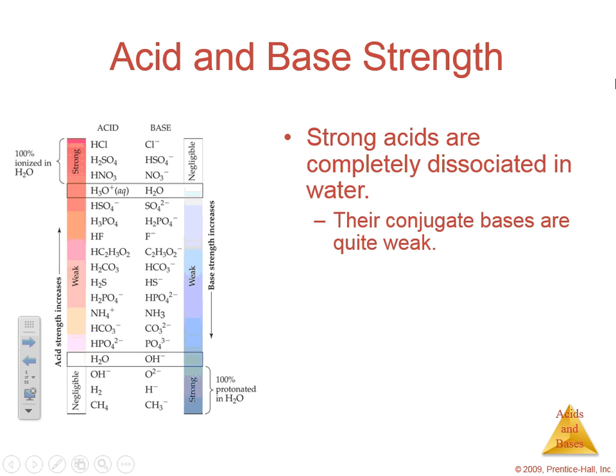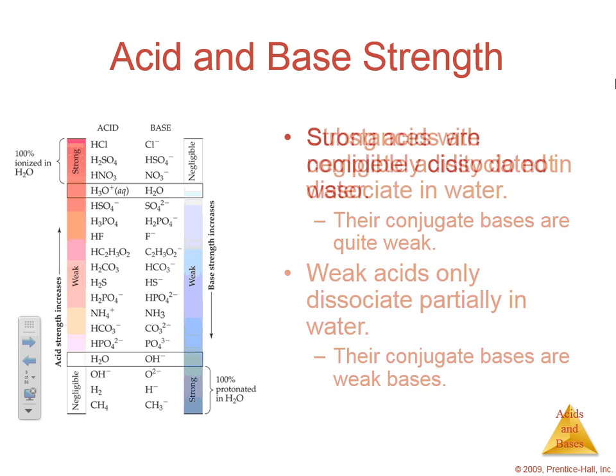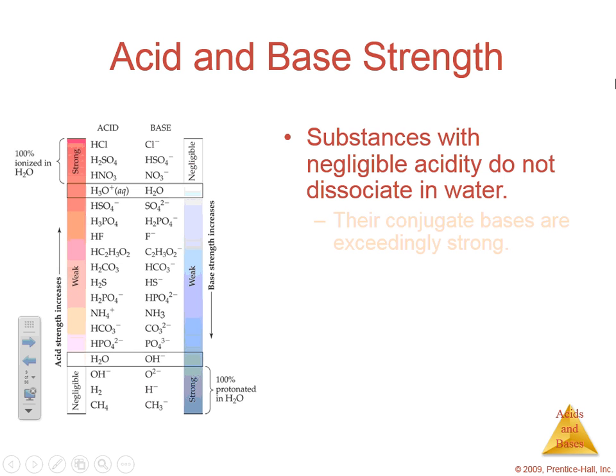Strong acids completely dissociate, which means their conjugate bases are very weak. Weak acids only dissociate partially in water, and their conjugate bases are also generally pretty weak. Substances with negligible acidity do not dissociate in water. Their conjugate bases are exceedingly strong.